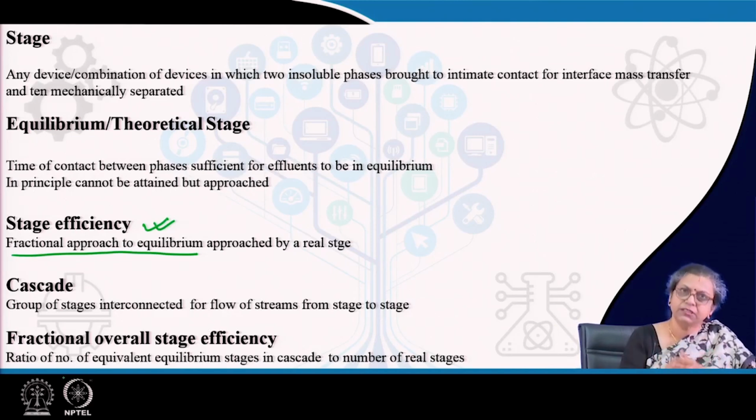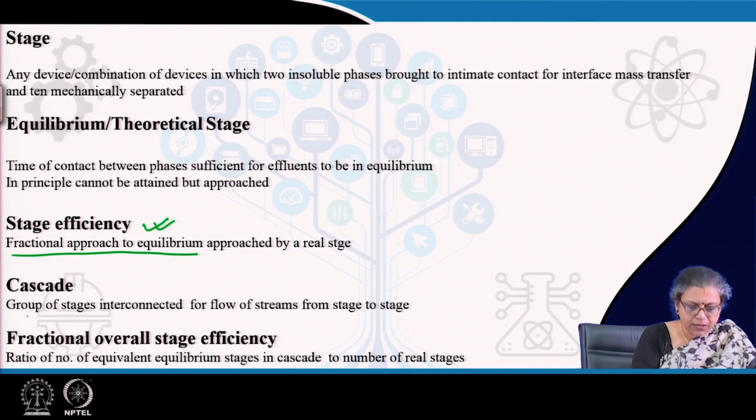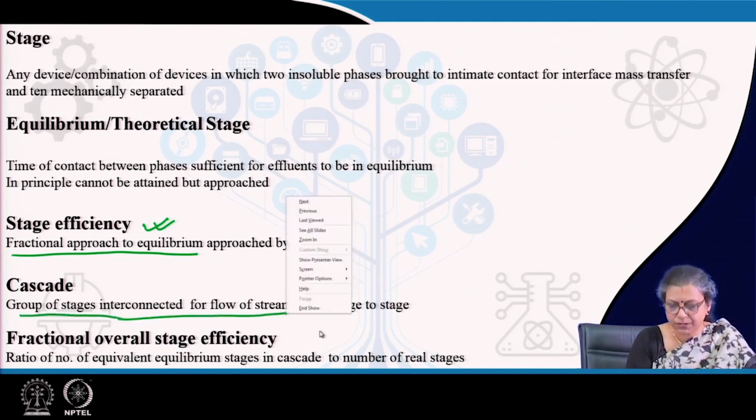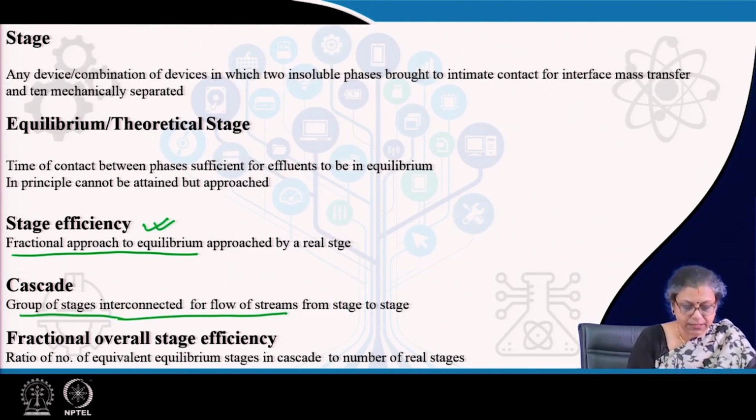Definitely we need to increase the number of stages, or the number of contacts between the two phases, and we need some way by which the streams flow from one stage to another, and the entire thing is usually housed in a tower or a column. The group of stages which are interconnected for flow of streams from stage to stage is known as a cascade.